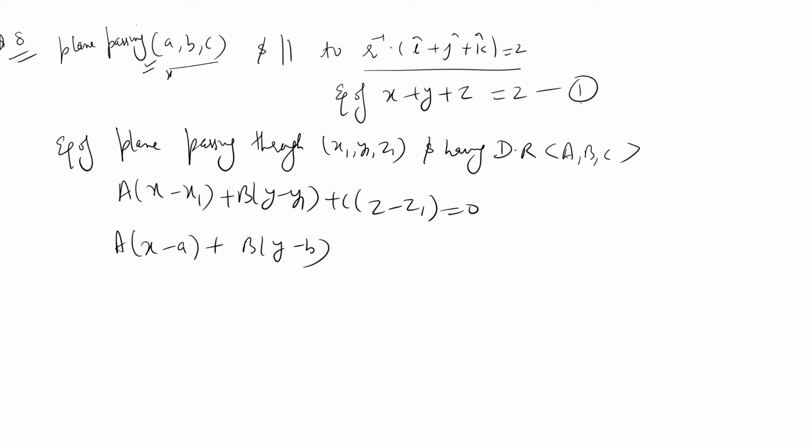This is my point (x1, y1, z1), because it is passing through this. Now definitely I will get the direction ratios from a connection here.